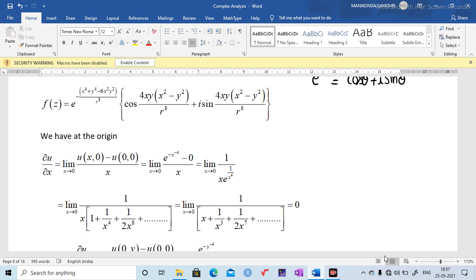Here real part means this term into this term. Imaginary part means this term into this term, that means sin of. Okay, here we need u of x comma 0. So substitute y equal to 0. So y equal to 0 means 0, 0. So e power minus x power 4.